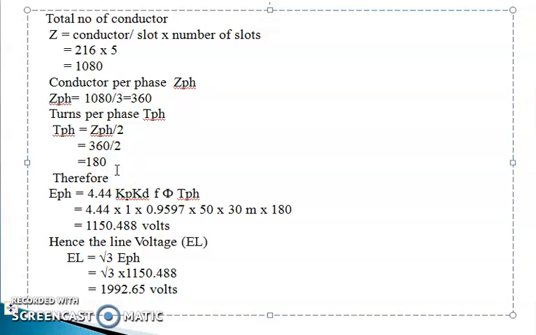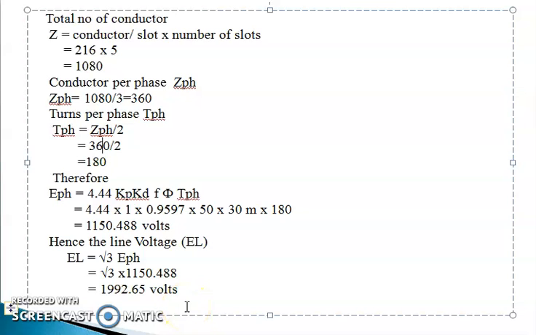So directly from this we calculated 1150.4 volts, which is the EMF generated per phase. From this we can calculate the line voltage: line voltage is equal to root 3 times the phase voltage, that is root 3 into 1150.4, which is 1992.65 volts, the line voltage.